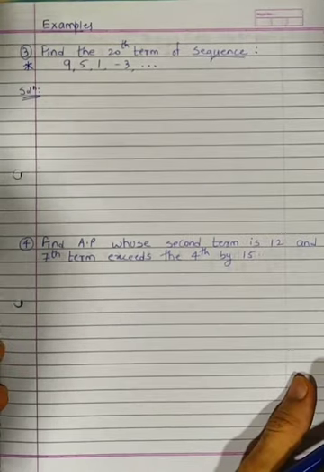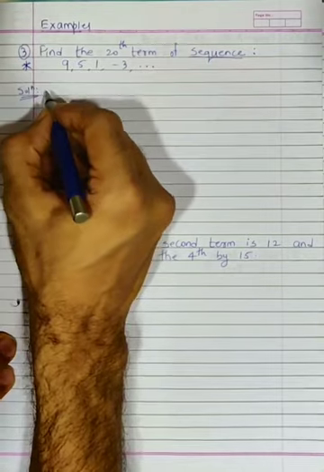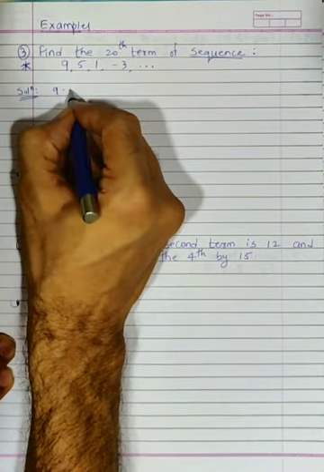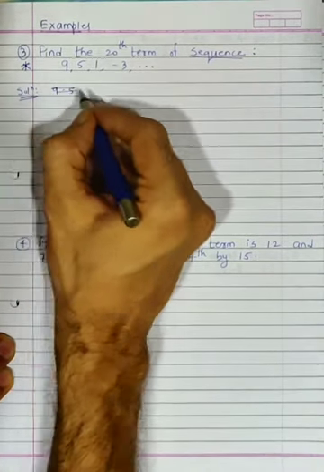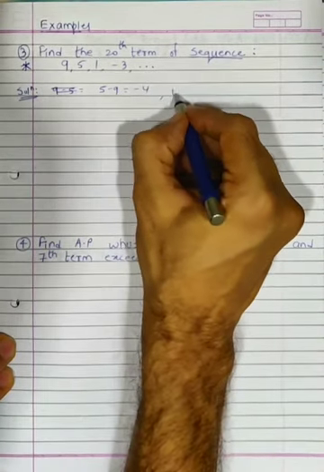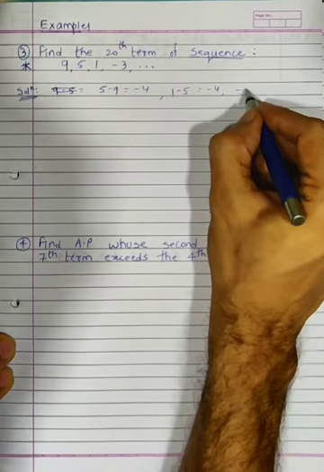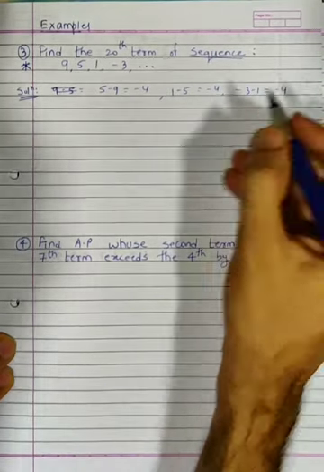In the common difference, we'll first find 5 minus 9, which is equal to minus 4. 1 minus 5 is equal to minus 4. Minus 3 minus 1 is equal to minus 4.